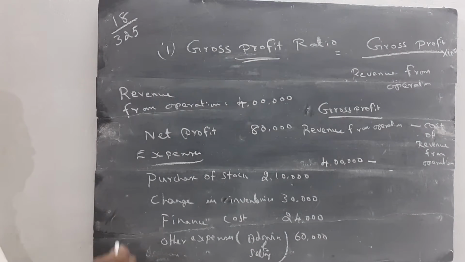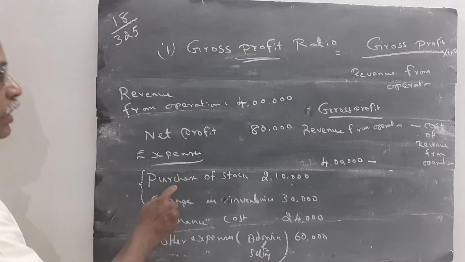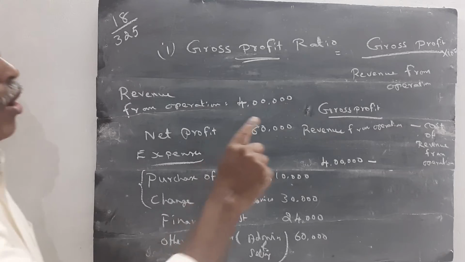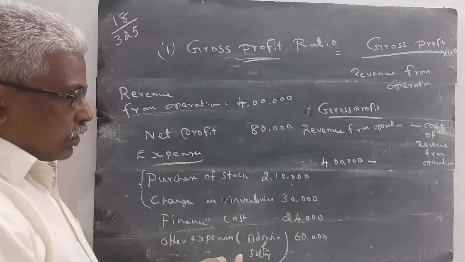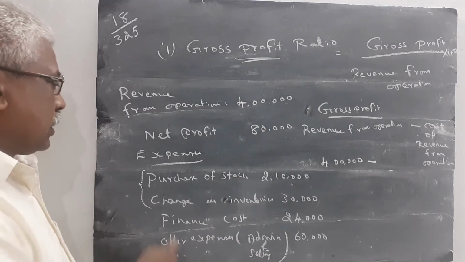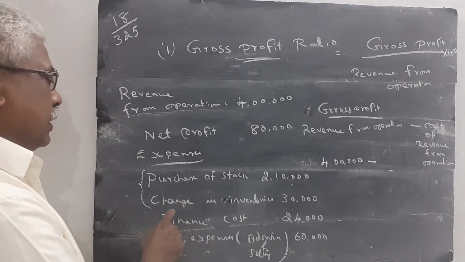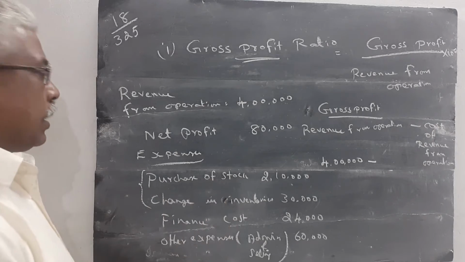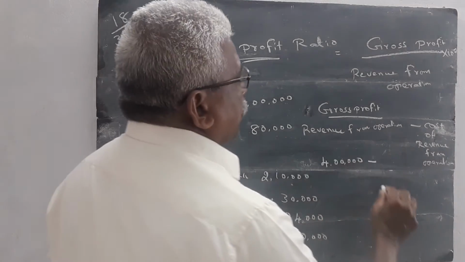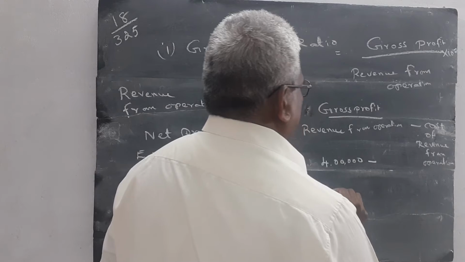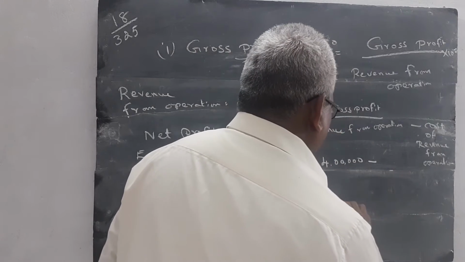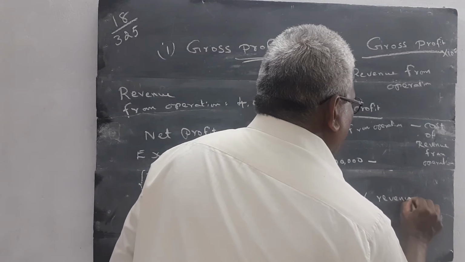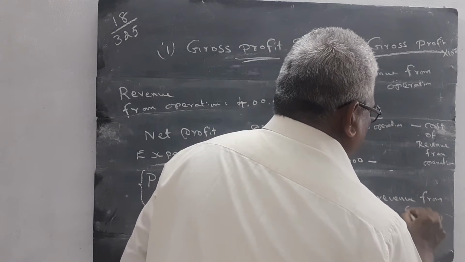We have to add these two items, purchases of stock and change in inventories, to get the cost of revenue from operation.